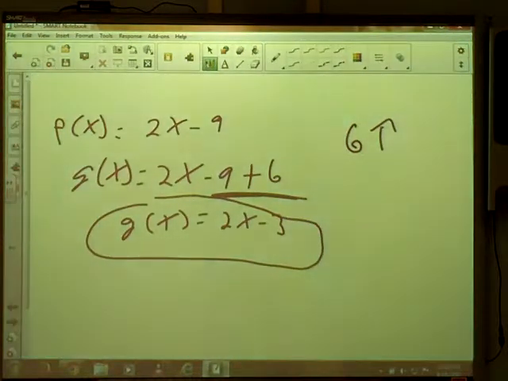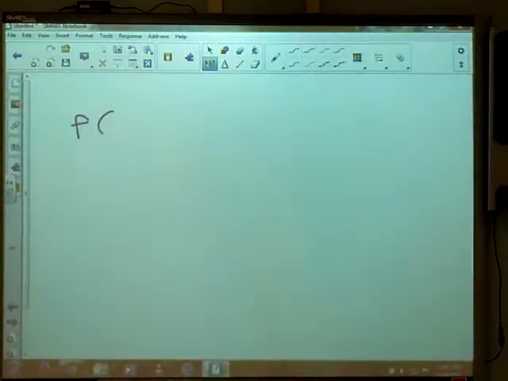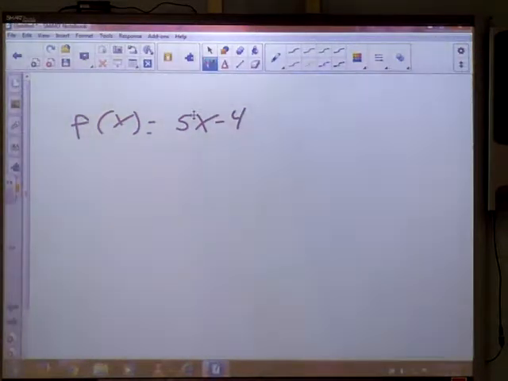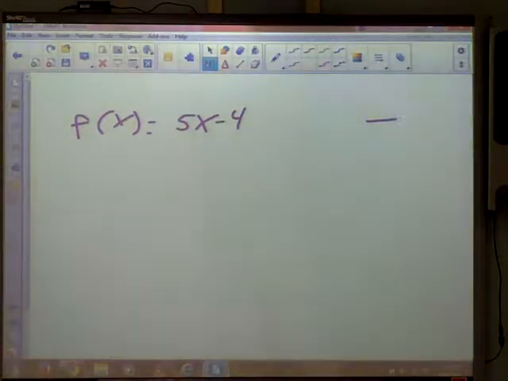Let's take f of x equals 5x minus 4. And let's scoot it to the left 2.